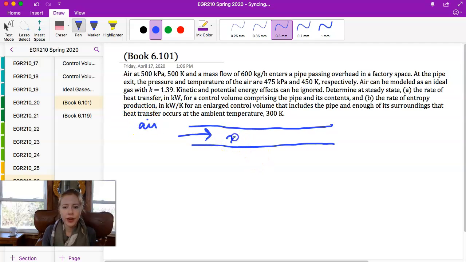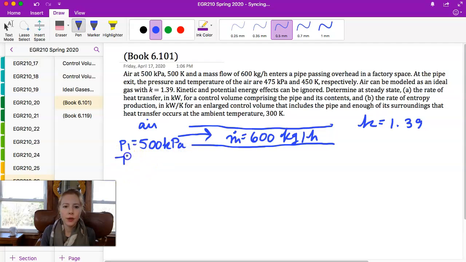The mass flow rate is 600 kilograms per hour. And we're given that K is equal to 1.39. We're given P1 is 500 kilopascals.